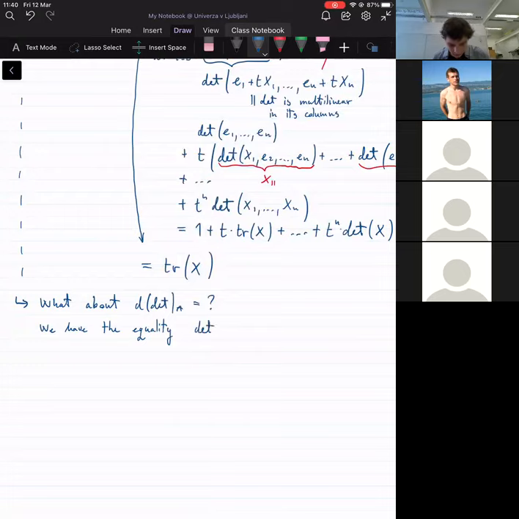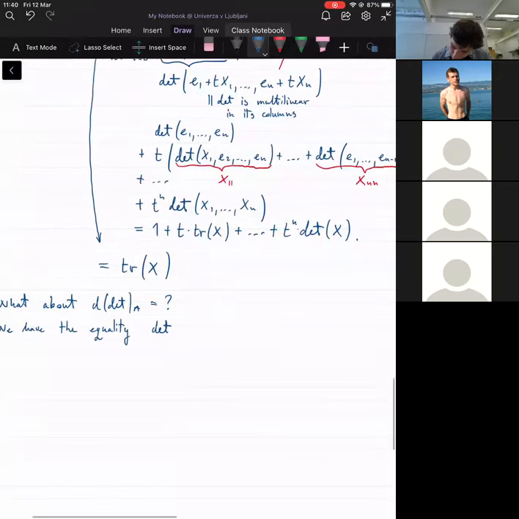So the determinant of, for example, let's take A to the power of -1 x. This is equal to det A to the power of -1 times det x.